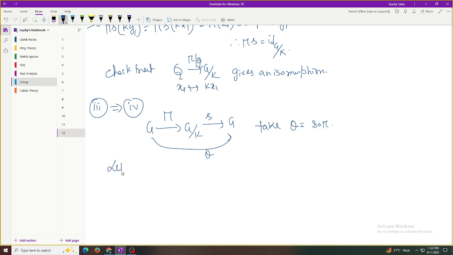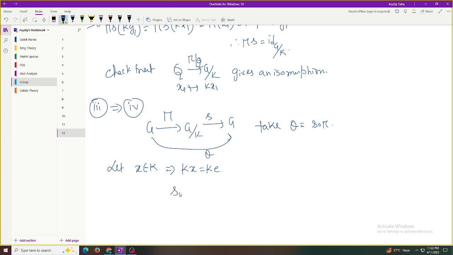Let x belong to K. This implies Kx equals K identity.